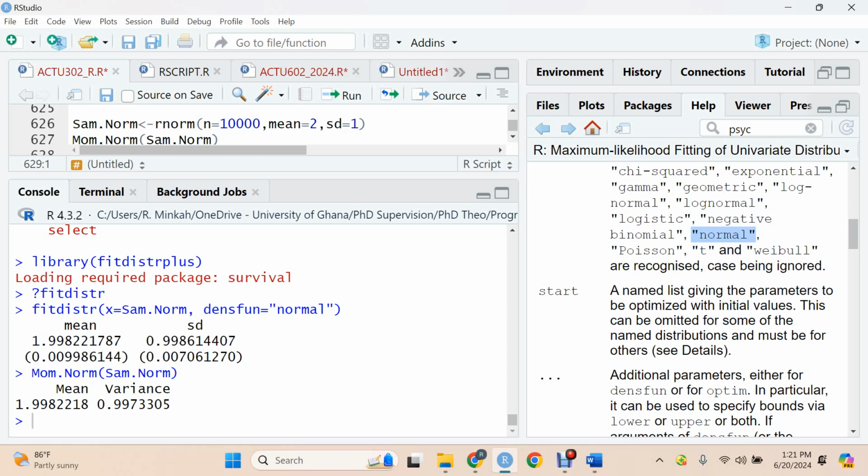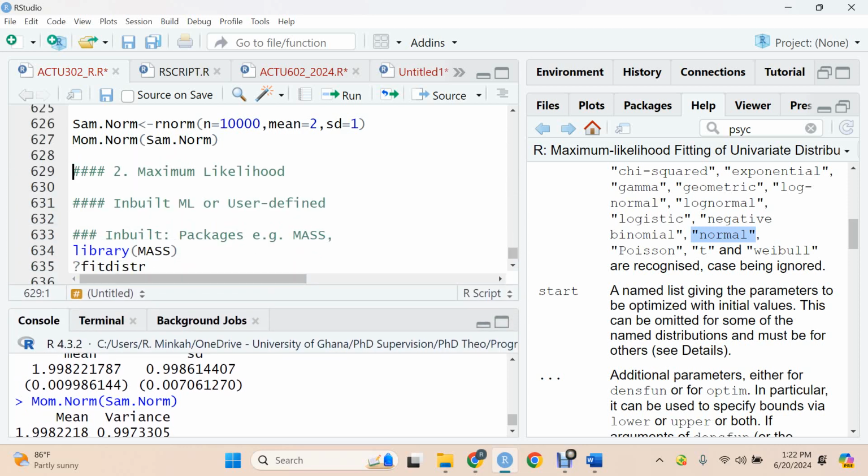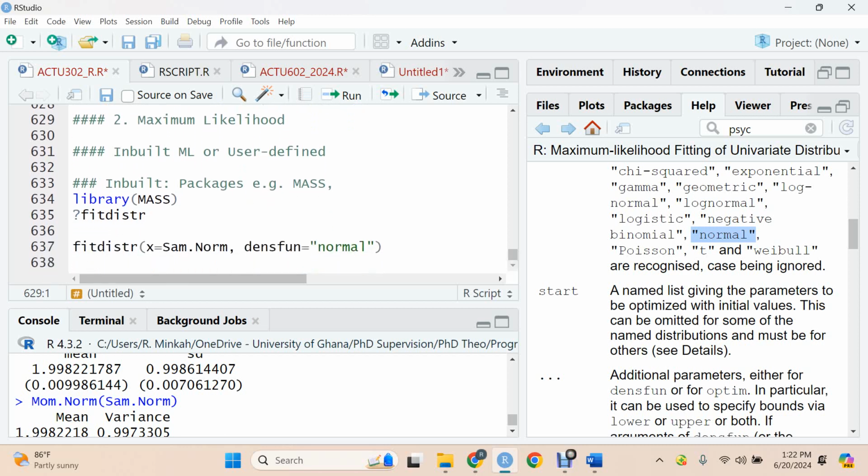Whether you use maximum likelihood or moment, the estimate is just the sample mean. But for the variance, the moment estimate is 1 over n minus 1. The maximum likelihood is 1 over n. That's why we are finding some sort of difference. Okay. Any question on this? So that's how we do the maximum likelihood estimate.